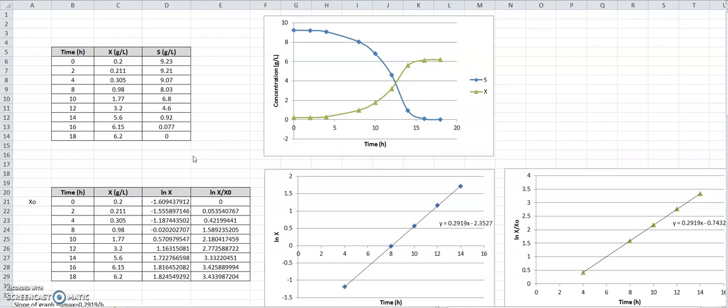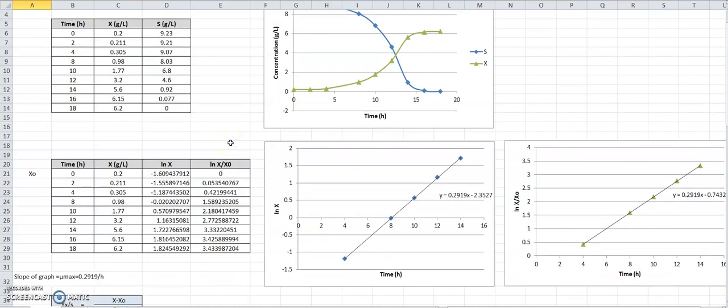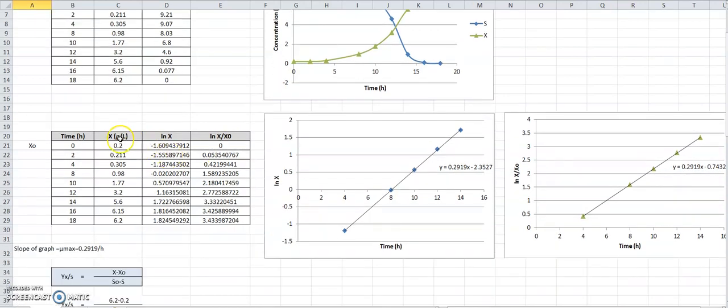We need to find the maximum specific growth rate for the fermentation. In order to find it, we have to take the ln of the x value, or you can also use ln x over x naught. Here, x naught means x at 0 hour, which is 0.2.